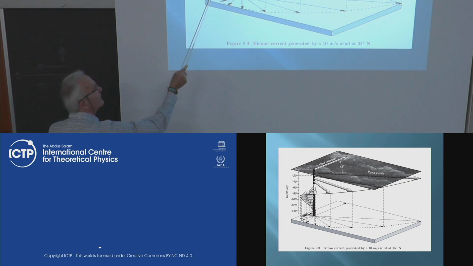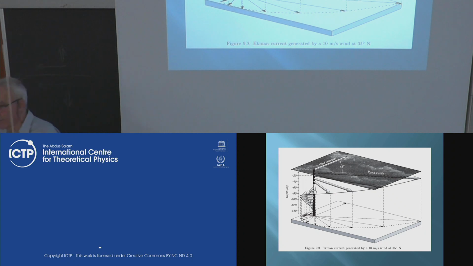And the Ekman layer depth is more or less defined as the depth where the flow changes direction 180 degrees with respect to the wind-induced surface flow.